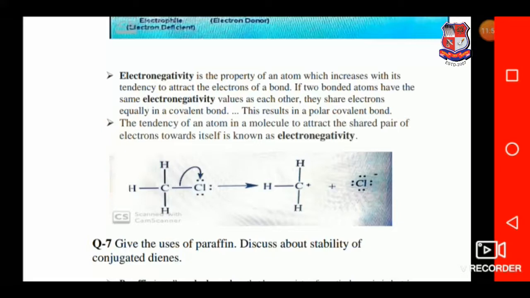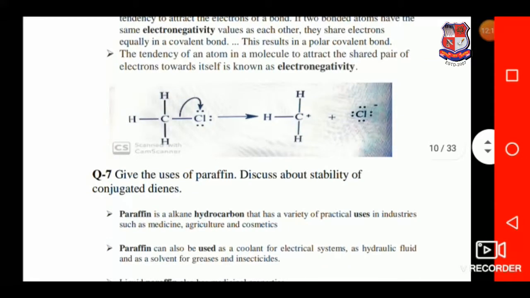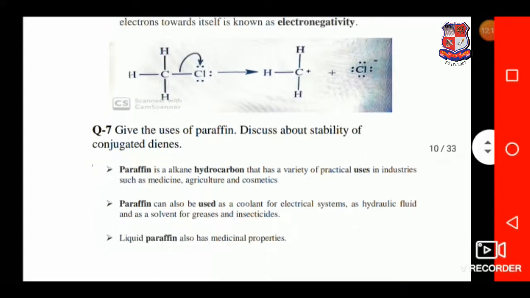Otherwise, this results in a polar covalent bond. The tendency of an atom in a molecule to attract the shared pair of electrons toward itself is known as electronegativity. For example, in methyl chloride, chlorine has a higher electronegativity compared to the carbon atom.